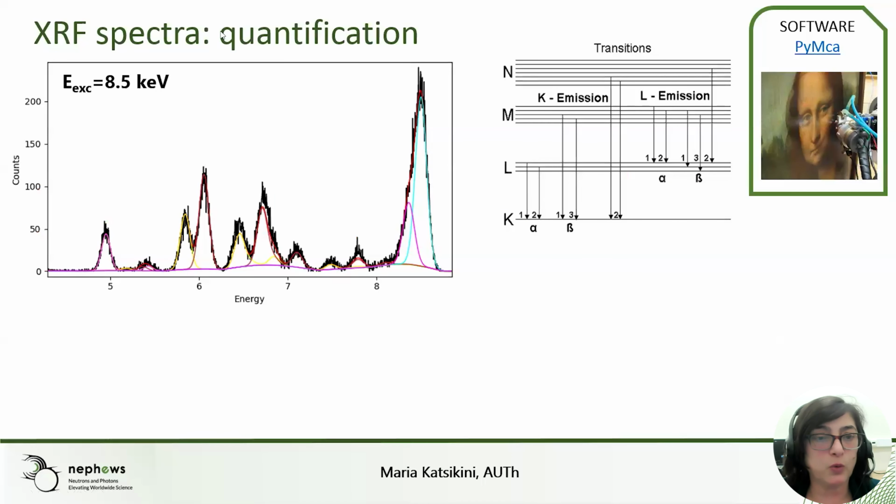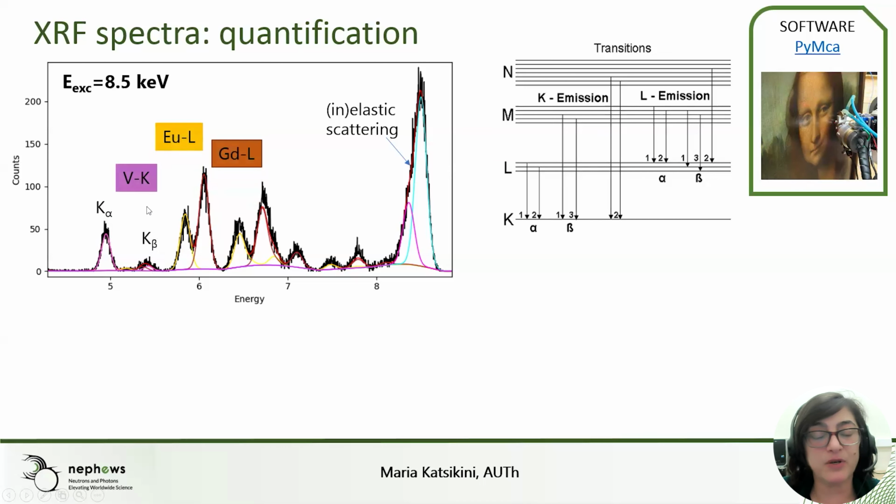Now, I will continue with some spectra. This is the XRF spectrum of the gadolinium europium vanadate nanoparticles injected in the tissues, and we observe a number of peaks. This peak here, the most intense, is due to elastic Rayleigh and inelastic Compton scattering, and the other peaks are emission lines due to fluorescence.